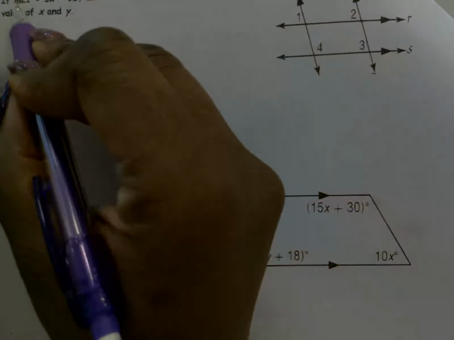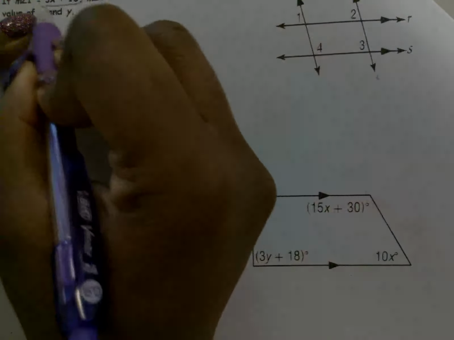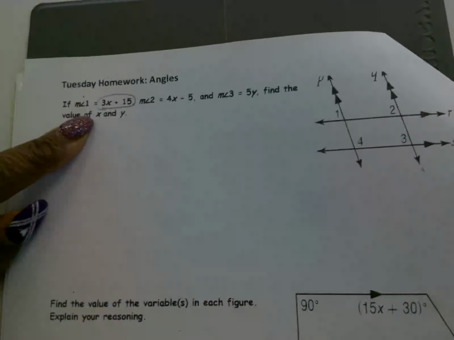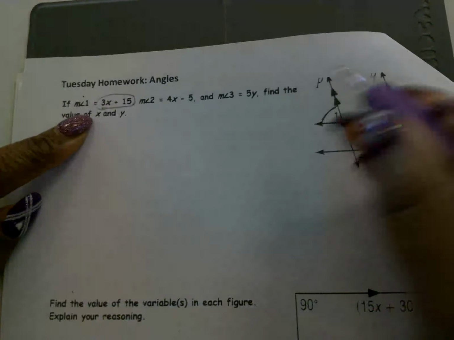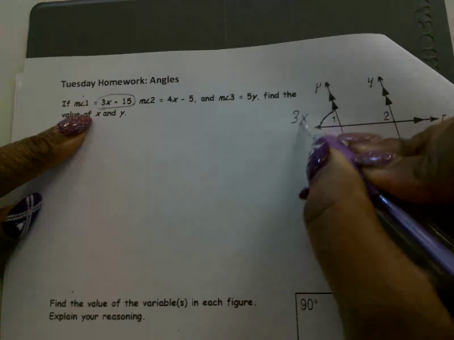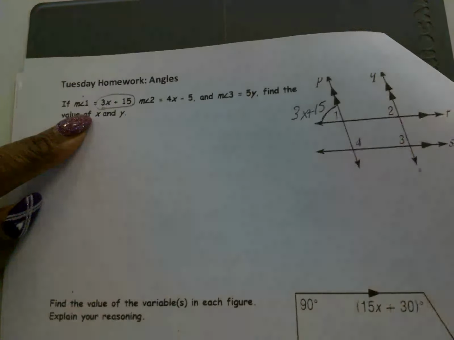For Tuesday, it says if the measurement of angle 1 is this whole expression here. Sorry, let me zoom in better. So this right here is going to be 3x plus 15.